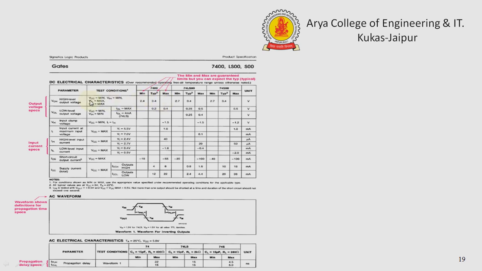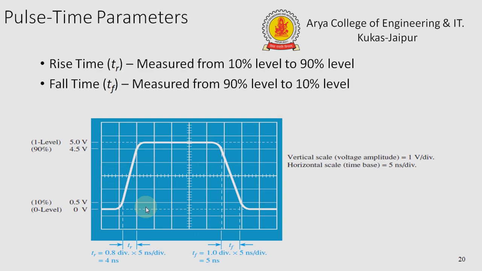That means for VOH we require this value, and for VIL at VCC minimum we require this value. Here is the AC waveform between two totem pole gate output states, and there is a 50% delay time between two waveforms.